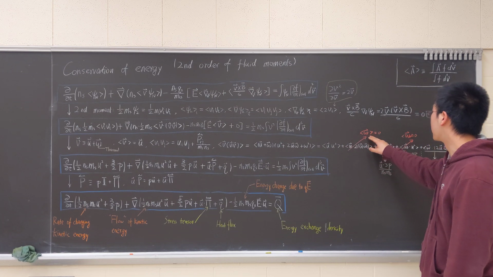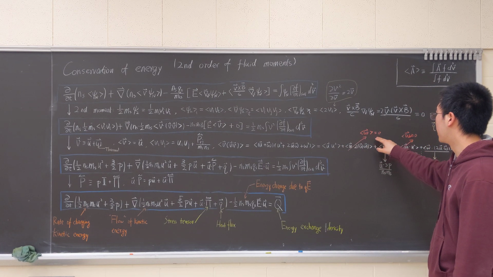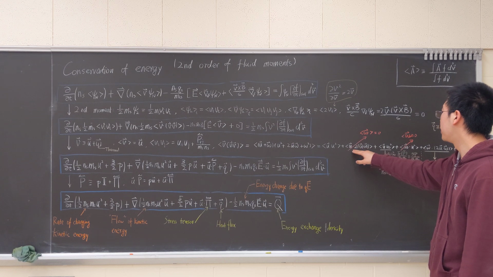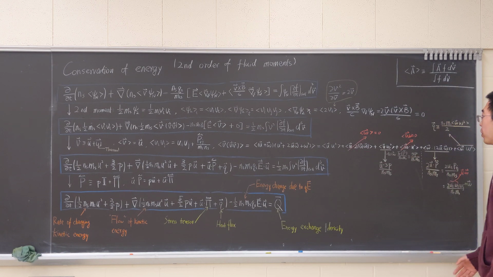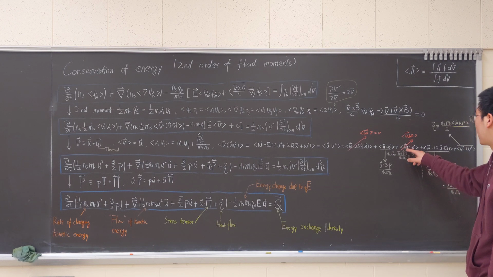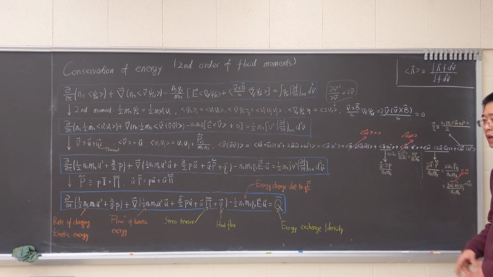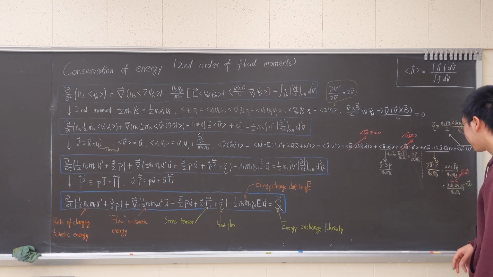And this term, because the average of W is 0, since it's 2UW, there's only one W here, then we'll end up having a 0. Similar idea here, WU squared, the average of W is 0, so this term vanishes as well.